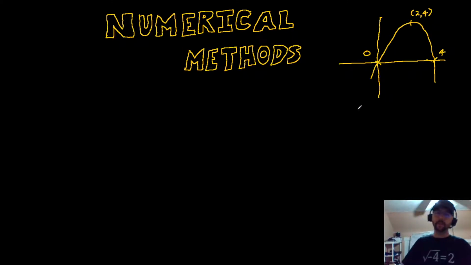And the function for this is y equals, let's see if I remember, I think it was negative 4x squared. What did I write it down as? Negative x squared plus 4x.